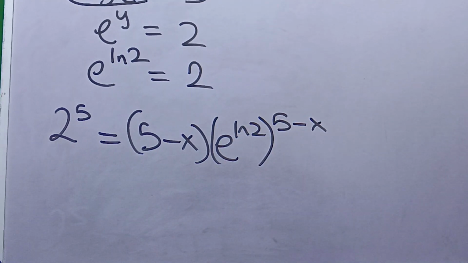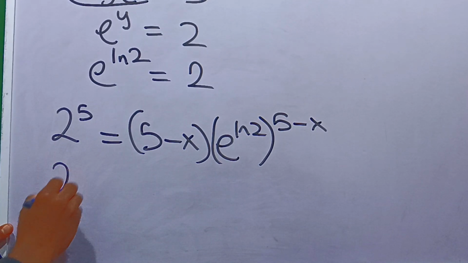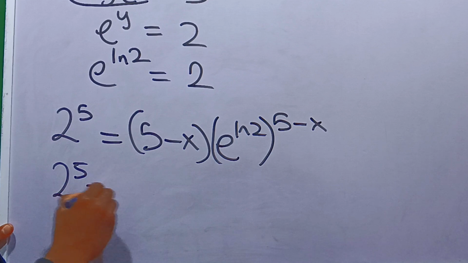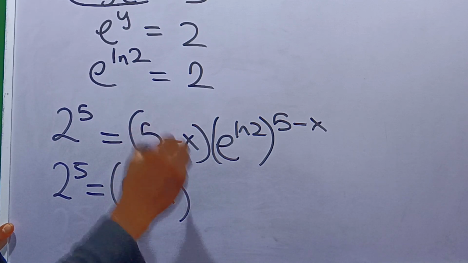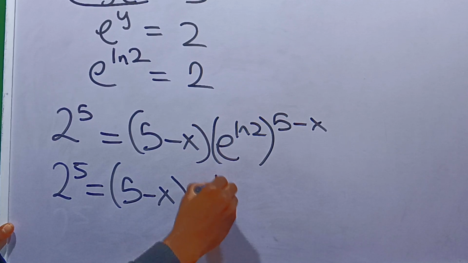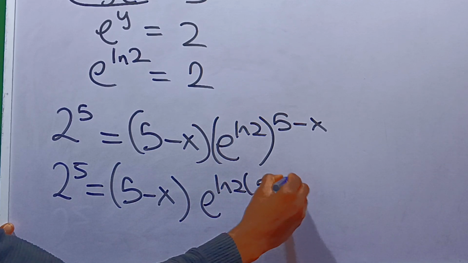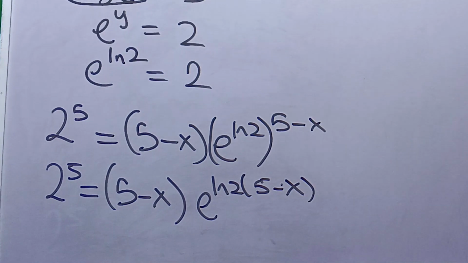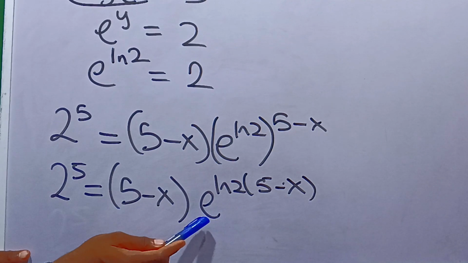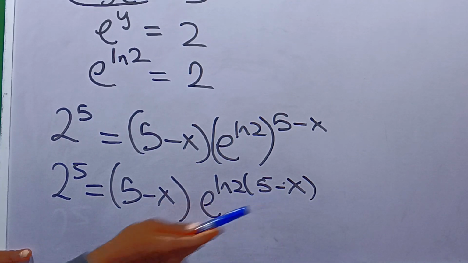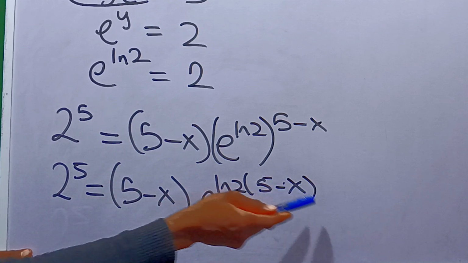Alright, moving on from here, we now have that 2 raised to the power 5 is equal to 5 minus x multiplied by e raised to the power ln of 2 multiplied by 5 minus x. At this point you can see that we have ln of 2 in the power, but we don't have it in front of the e, so we'll multiply both sides by ln of 2 to maintain the unison in the powers.